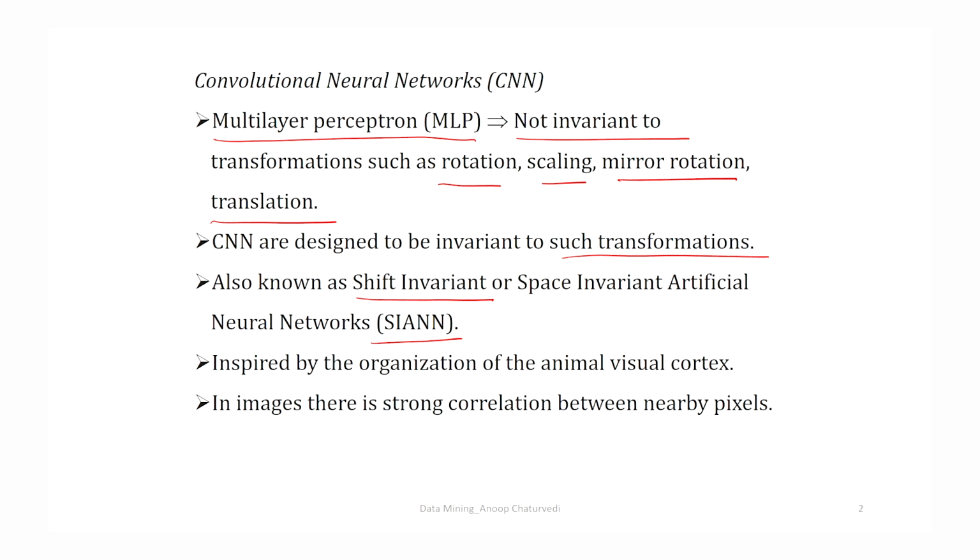Now, how do these networks work? Notice that in images there is a strong correlation between nearby pixels, and even after transformations like rotation, rescaling, etc., these strong correlations remain.